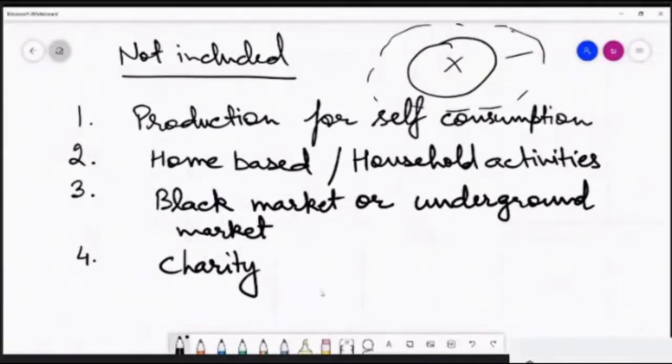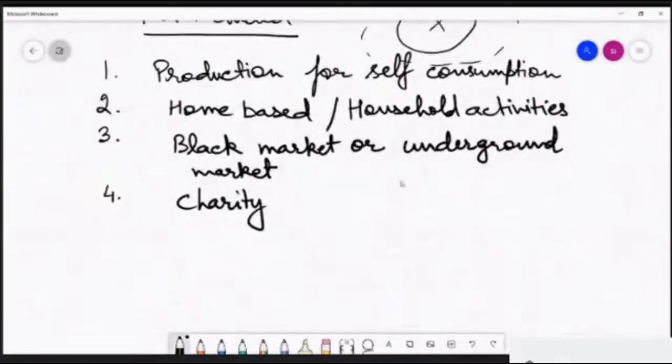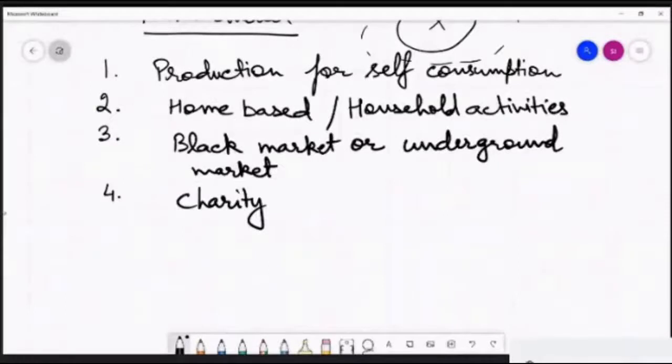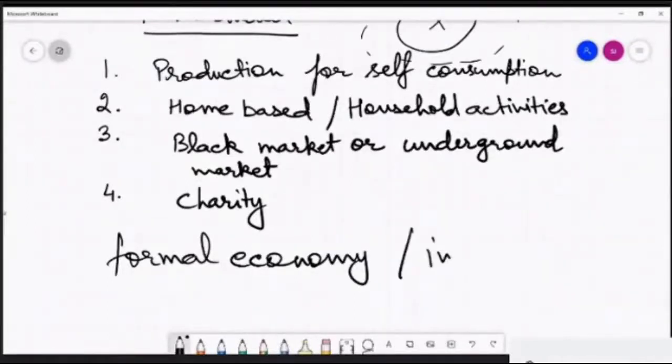There are different types of organizations which are working. People are members of it. They are doing activities, but they are not counted in GDP. So on the whole, when you try to understand the economy, there are two things which you can talk about: formal economy and informal economy.